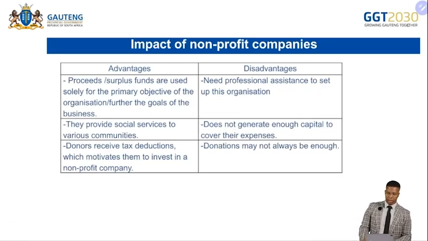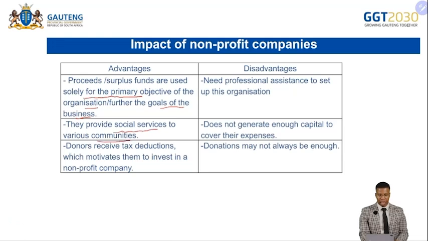Then advantages and disadvantages: proceeds or surplus funds are used solely for the primary objective of the organization and to further the goals of the business. And then they also provide social services to various communities, and donors, which is donations, receive tax deductions, which motivates them to invest in non-profit companies.